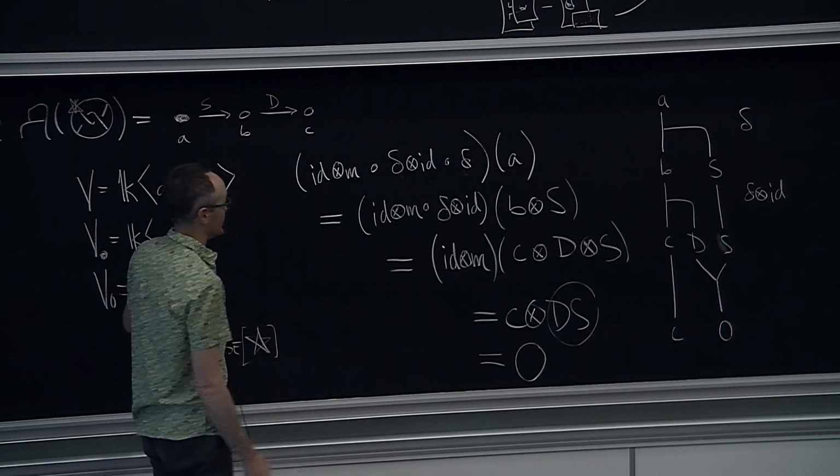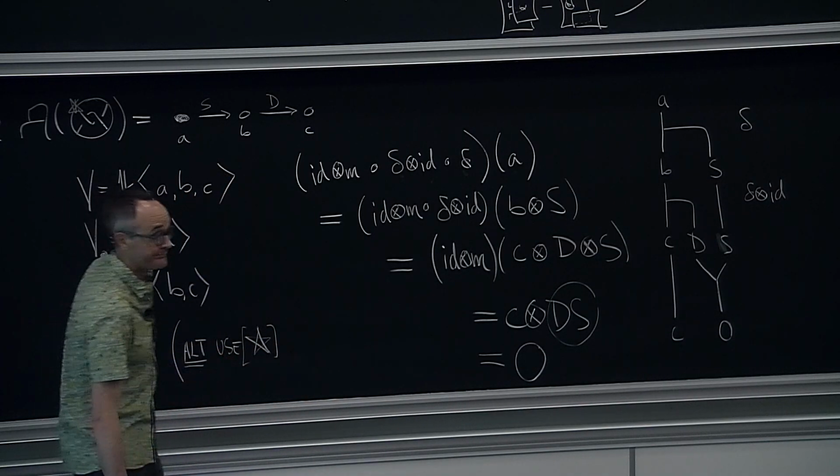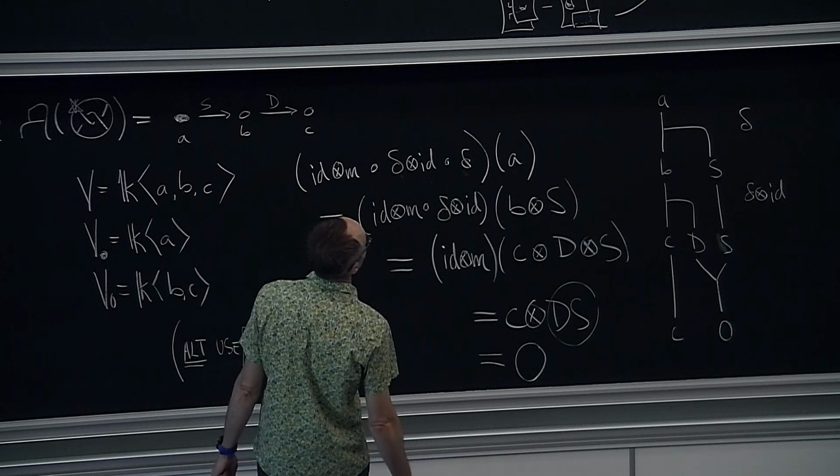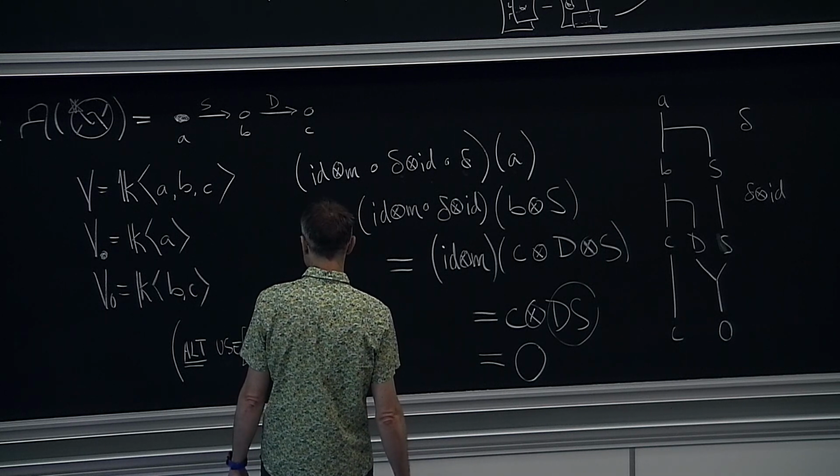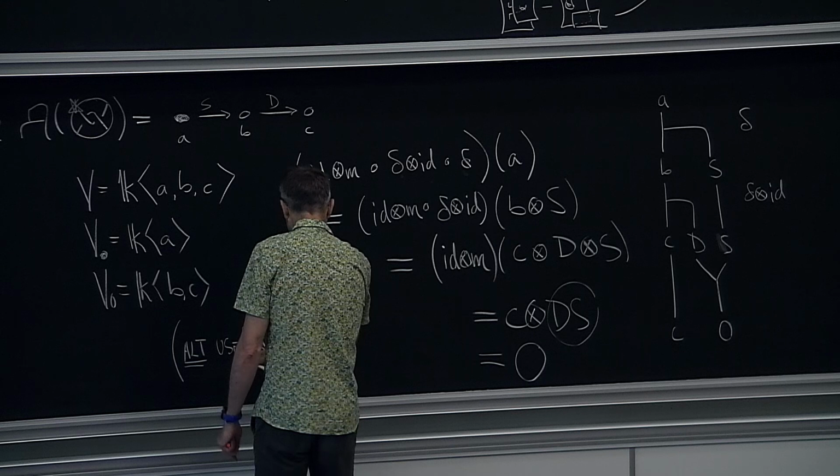What I'm trying to emphasize is you don't have to use these. I just think that people should see them if they're going to read about Bordered Heegaard Floer homology.